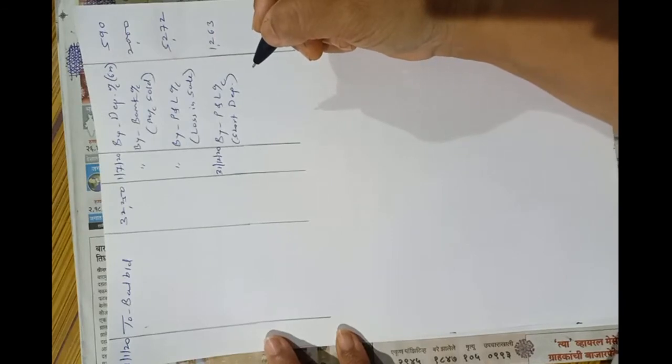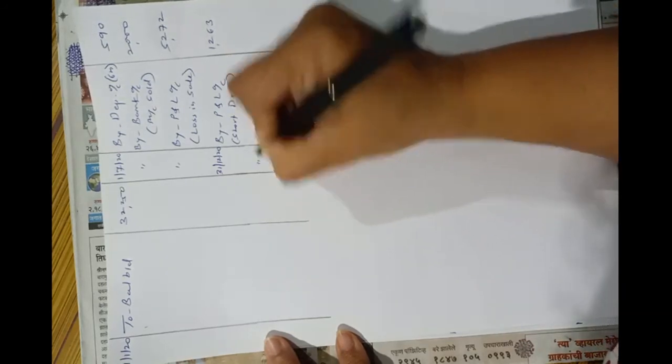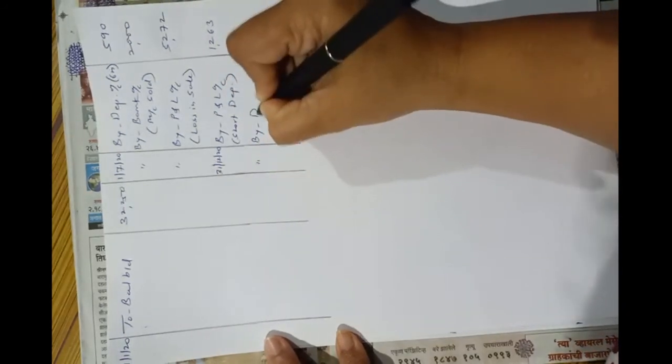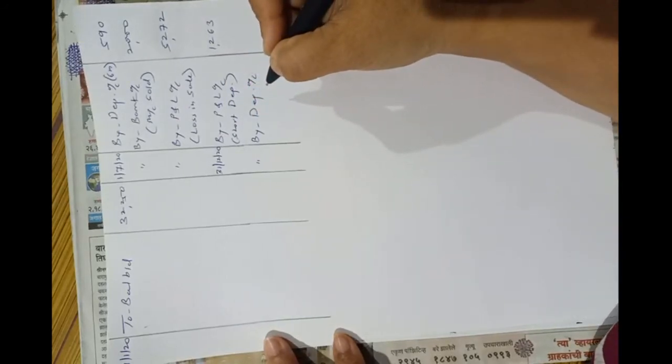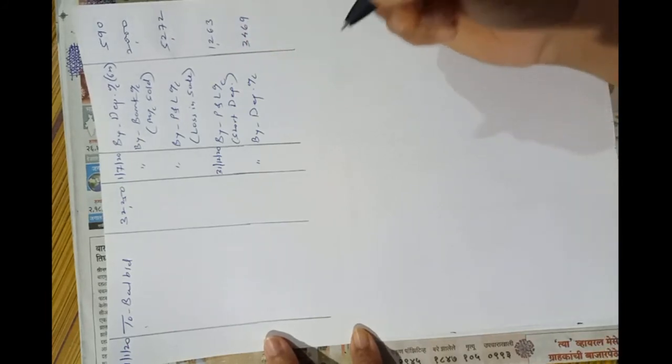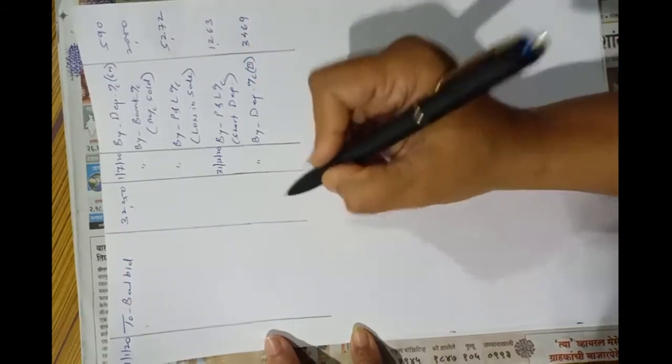Okay, and now we will tally the account after providing for depreciation. By depreciation account, depreciation of the third machinery which is remaining with them is 3469. Third machinery, depreciation of full year on third machinery. Now we will tally.